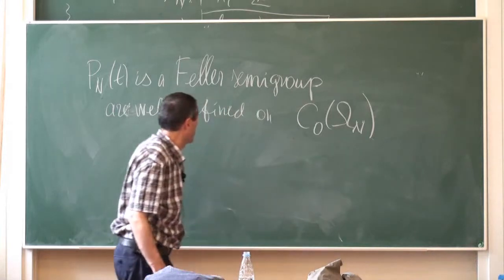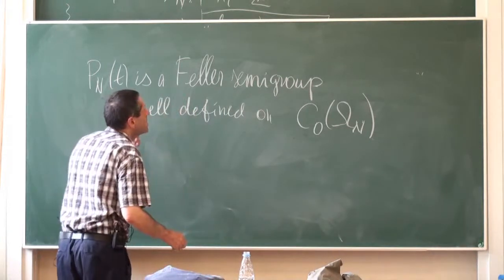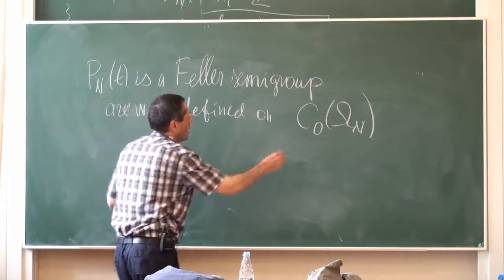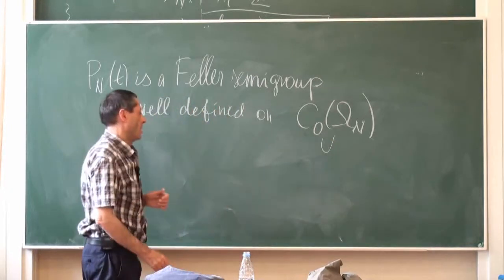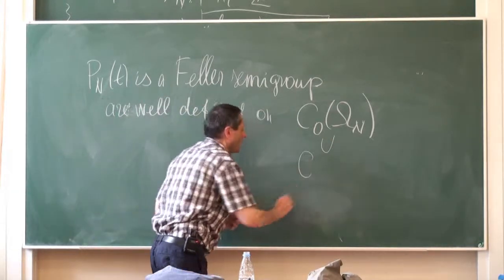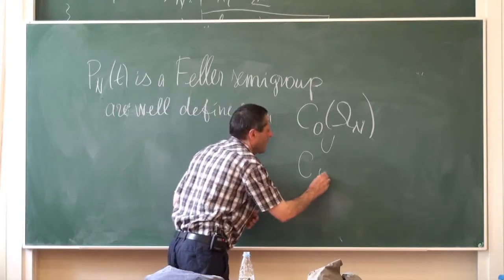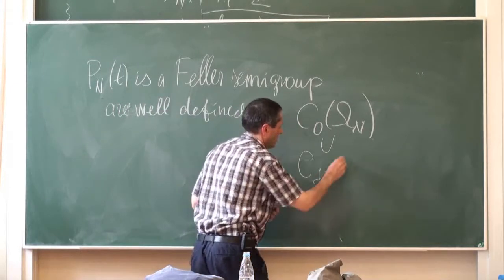Next, we prove that our generator, and this space, contains the algebraic subspace of finitely supported functions.